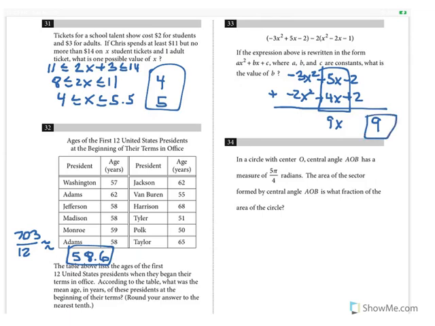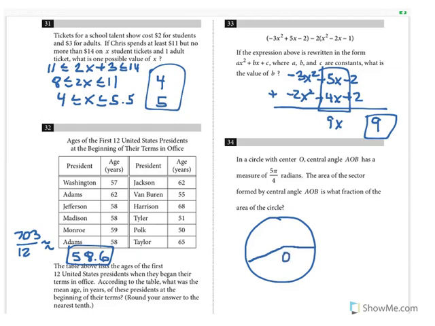In a circle with center O, central angle AOB has a measure of 5 pi over 4 radians. The area of the sector formed by central angle AOB is what fraction of the area of the circle? All right, so we need to understand circle geometry. So we have, that was a pretty good circle there. Center O, and the central angle is 5 pi over 4 radians, say about right there.